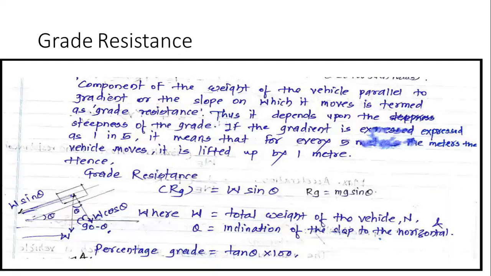Okay. Then the third resistance, that is grade resistance. This one is just an example, one schematic is shown here. So what is the grade resistance? Again, for your understanding, I will draw one more diagram here.